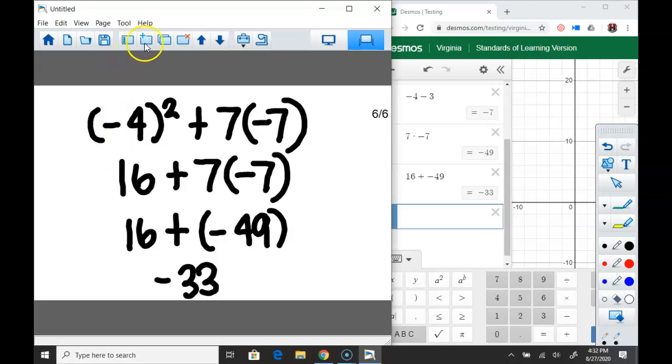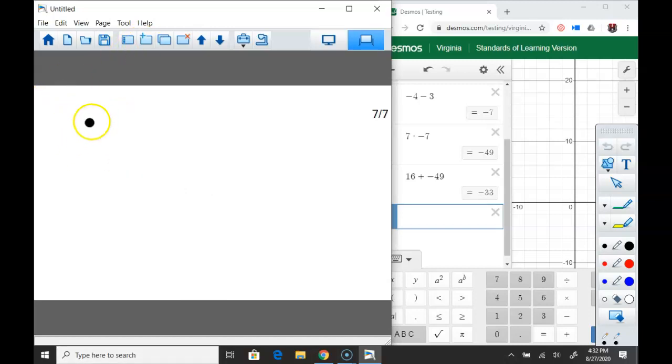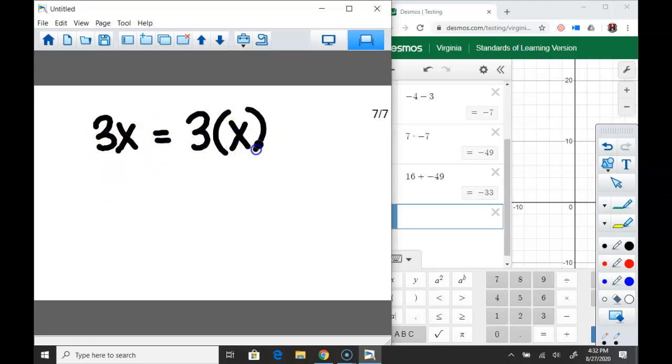So, before I leave you to do the problems, I want to remind you here. If I see 3x, that's 3 times x, I want you to show that as 3 parentheses x. So, examine the problem. If there's multiplication, this is how I want you to show it right here. This is how I want that multiplication shown, okay?